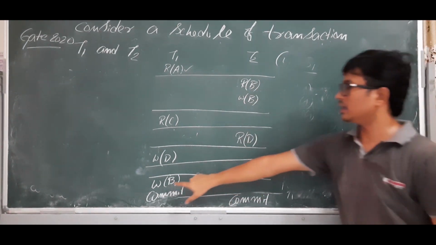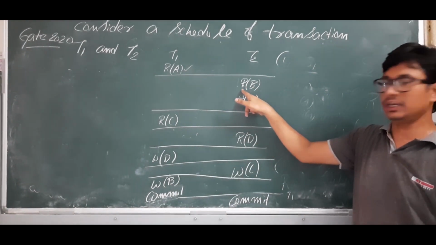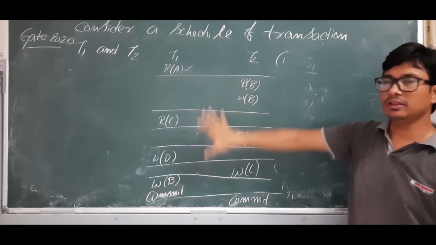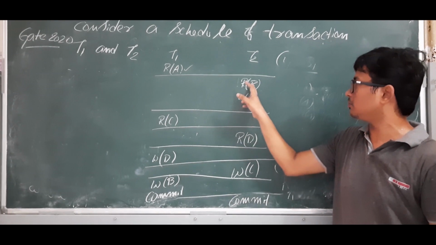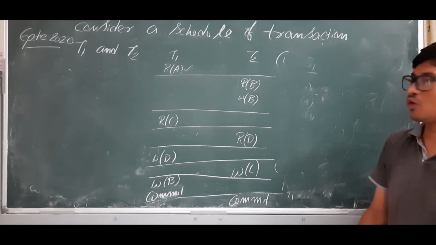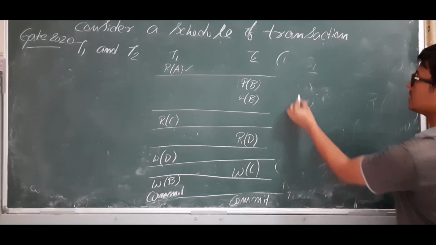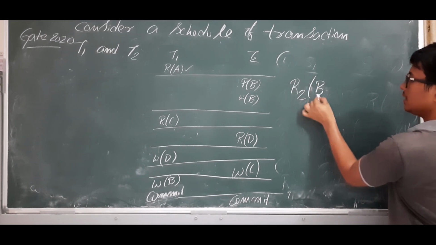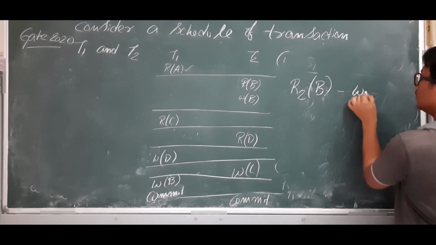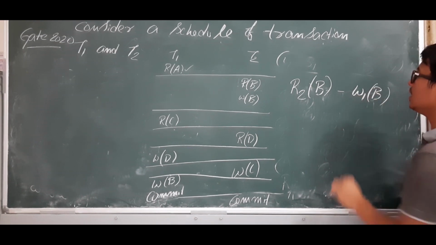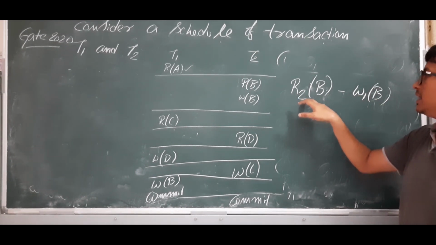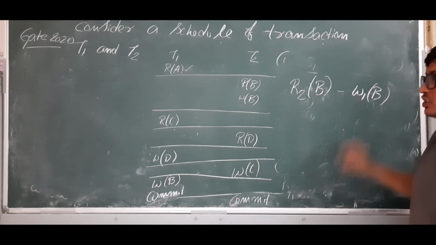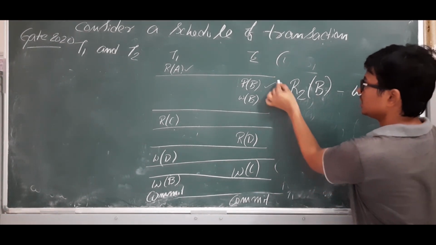Read B, write B. One is performing a read operation, another is performing a write operation, and they are performing on the same data item called B. So it is a conflict. Then we write it as R2 of B to W1 of B. Meaning the read operation is performed by transaction 2, and the write operation is performed by transaction 1. So this one is finished.